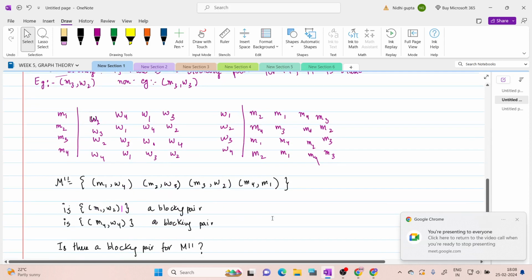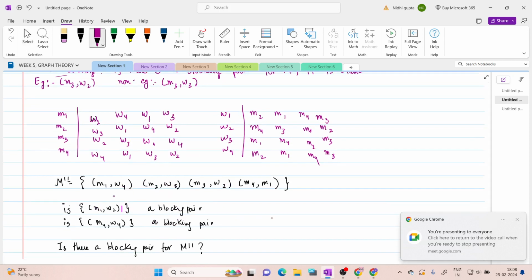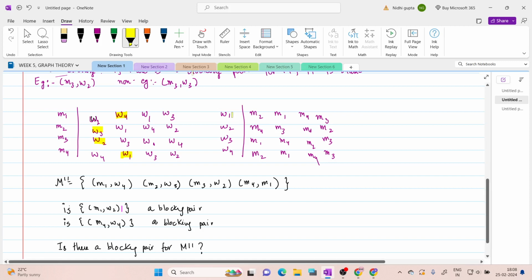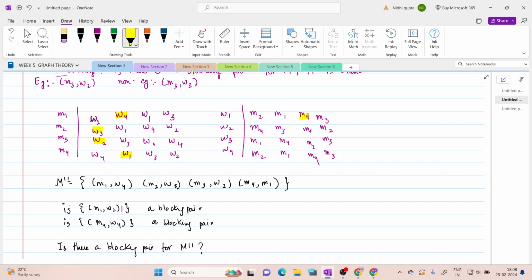Now this is another matching in the same example. M1 is assigned W4, M2 is assigned W3, M3 is assigned W2, and M4 is assigned W1. In the same table we can see W1 has been assigned M4, W2 is M3, W3 is M2, W4 is M1.